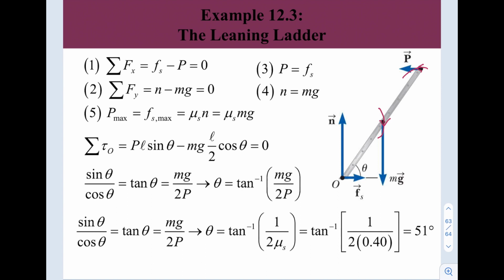You make use of this actually. Let me show you. It's going to be PL sine theta equivalent to mg L over 2 cos theta. So to have sine theta over cos theta, we are going to have mg L over 2 over PL. So L is going to be cancelled out. That is how we are left with mg over 2P. At the end of the day, theta is arctangent of mg over 2P.